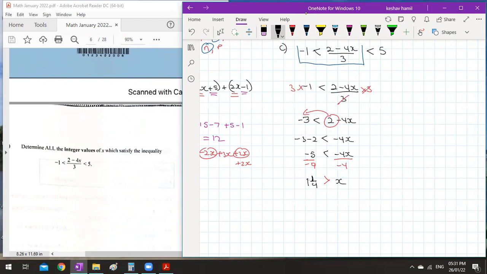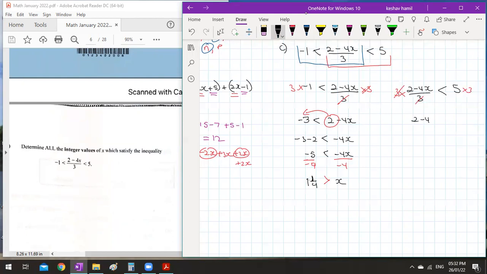Right? So far we have x is greater than 1.25. And now we deal with the second part of it, from here to here. So we say 2 minus 4x over 3 is less than or equal to 5. And again, to get rid of 3, multiply by 3 on both sides. This will cancel this.